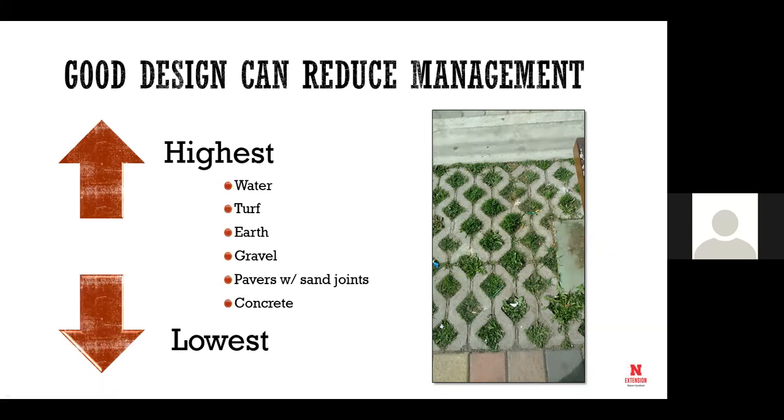So we have a couple arrows on the screen, highest to lowest, meaning what? If you look at that, what does that mean to you? Highest input, right? Highest issues associated with management, managing the water, managing the turf if you have it, managing the earth or the soil. Do you have gravel? Do you have pavers with sand joints, or do you have concrete?